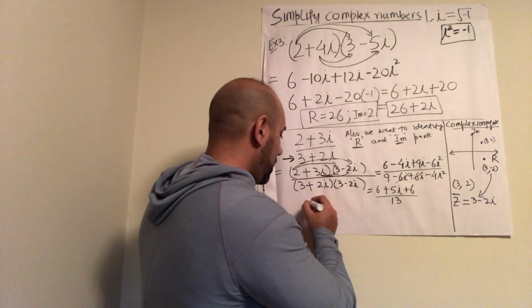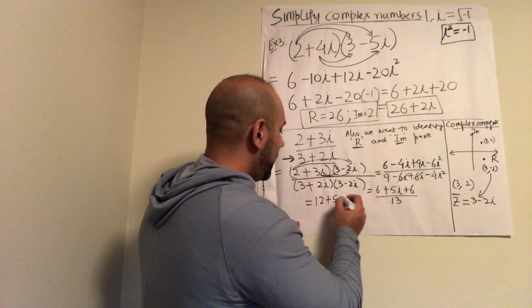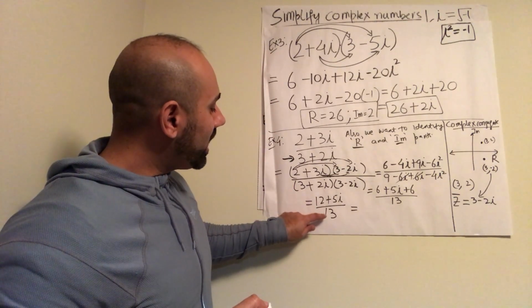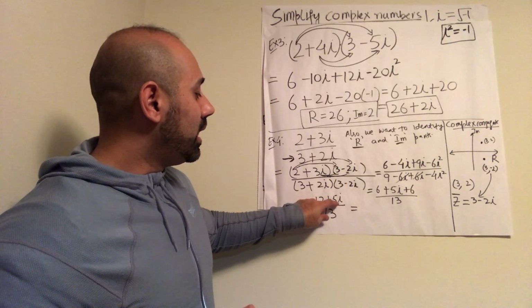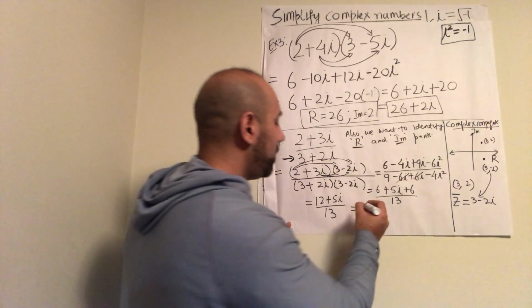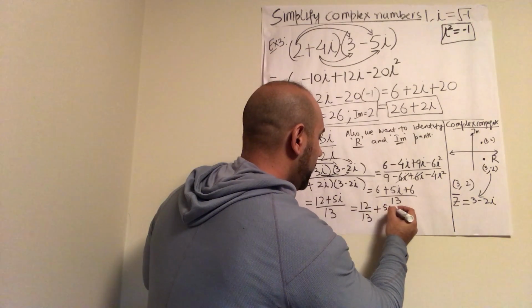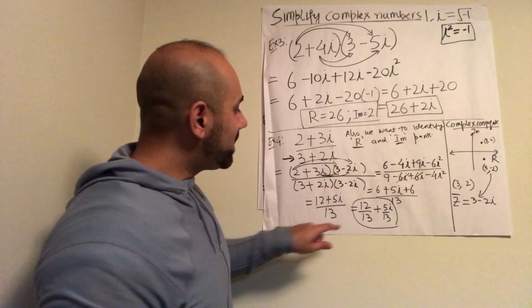So this equals 6 plus 6 is 12 plus 5i divided by 13. We are almost done, except for the fact that this 13 divides the 12 as well as the other part, 5i. So this is going to be 12 over 13 plus 5i over 13. So this right here is our final simplified form.